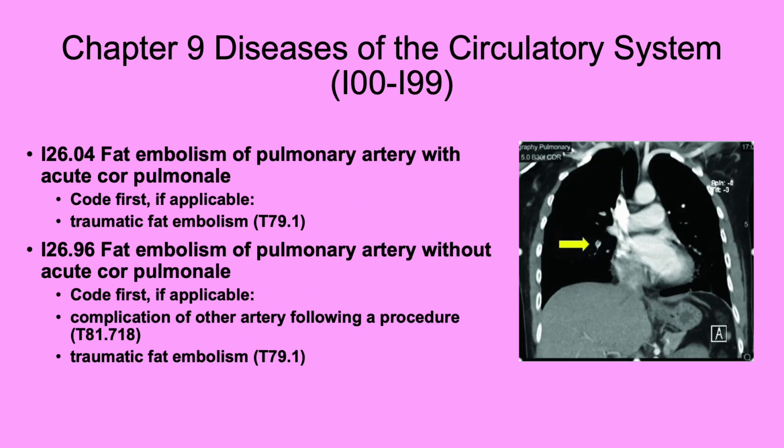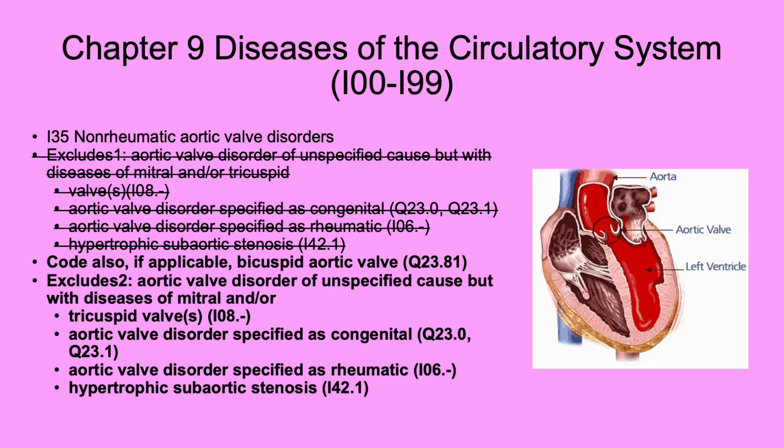Also new codes for fat embolism, I26.04, I26.96, code first, complication, and then traumatic fat embolism. A traumatic fat embolism is after a major injury, such as a broken bone, so it's not always after surgery, after a procedure.